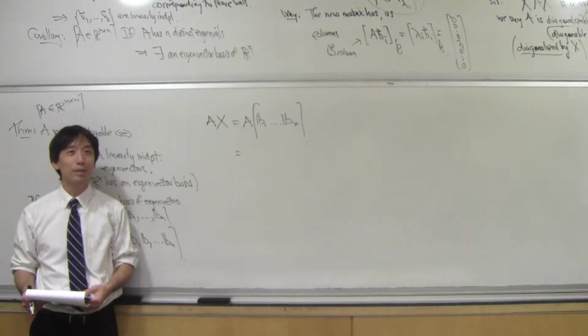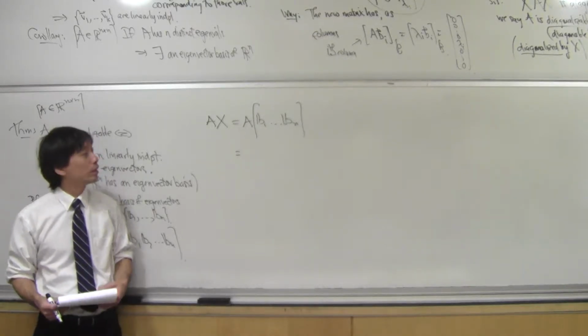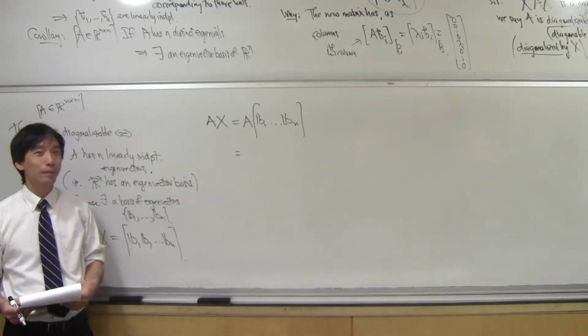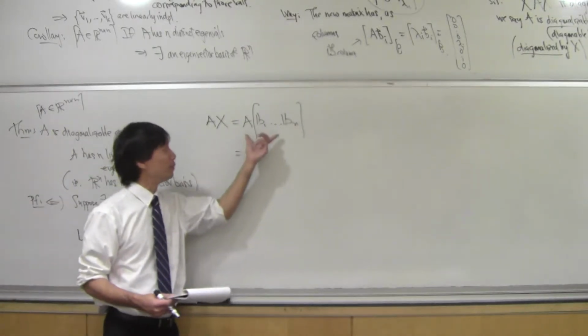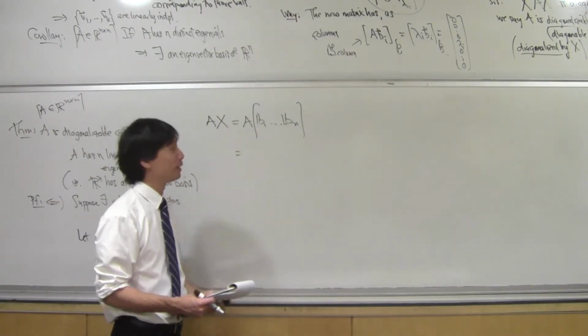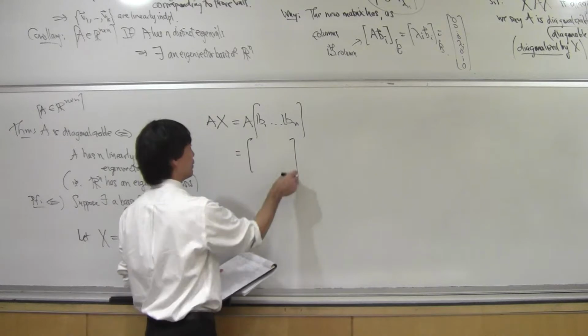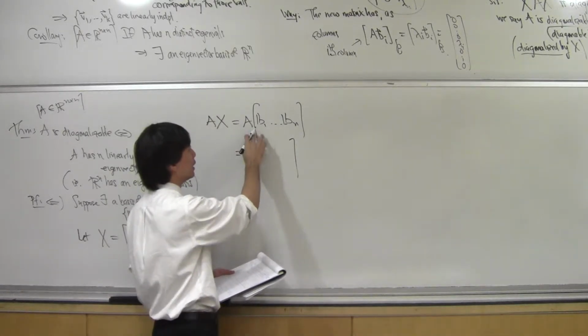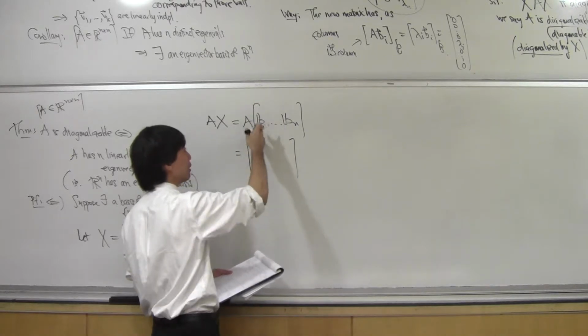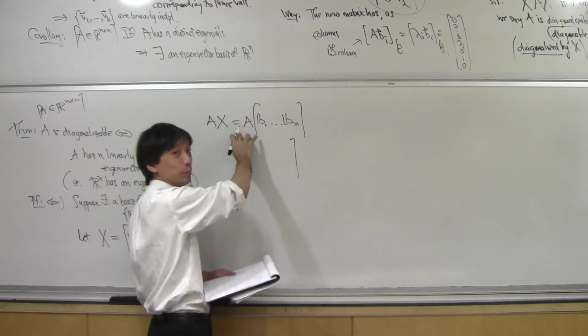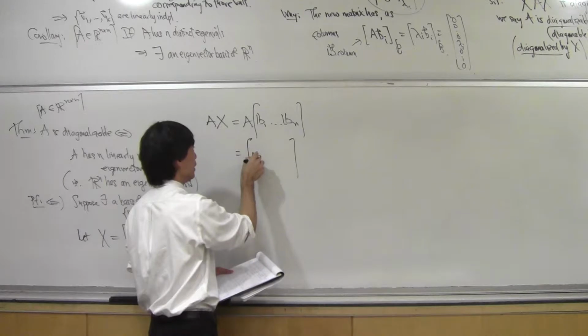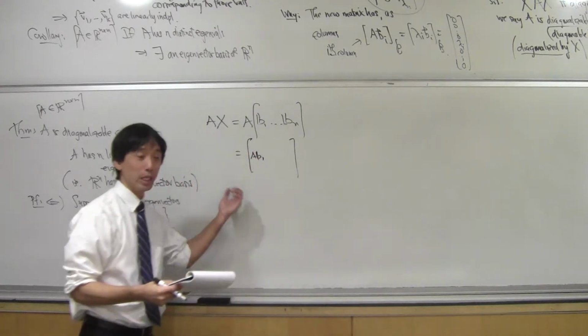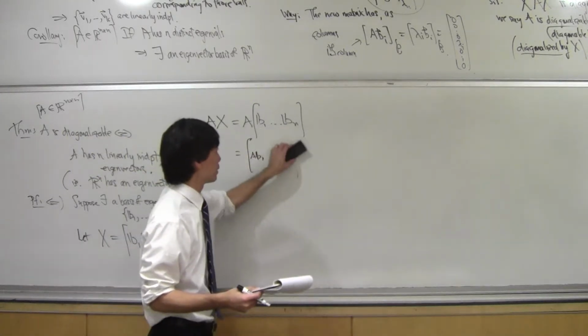The question is, what am I going to write here? Another matrix, yes. What will be the matrix? The eigenvalues? Well, not exactly. If you have a matrix expressed as columns and you multiply on the left, you just multiply each column by the matrix.